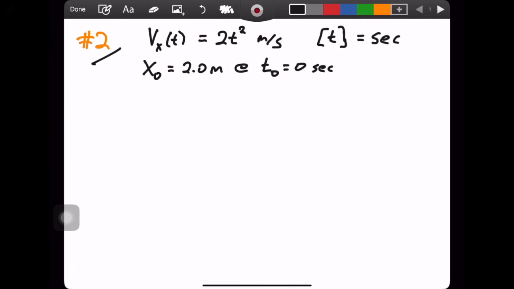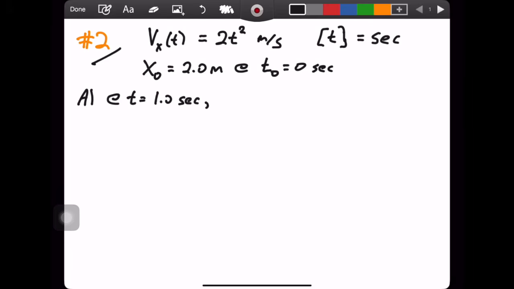So we are asked for part A, at t equal 1.0 seconds, what is the particle's position?